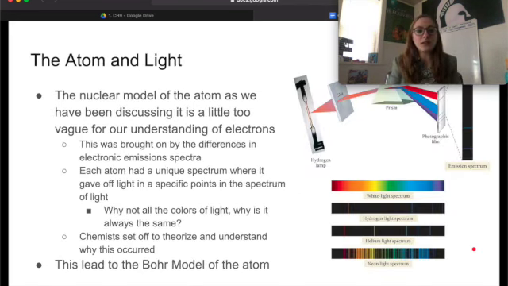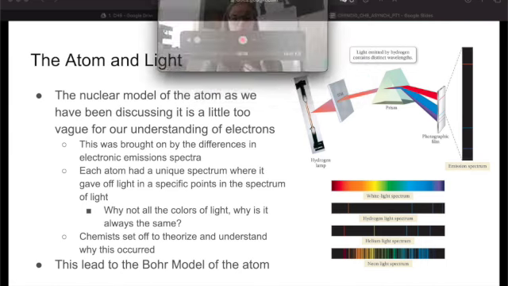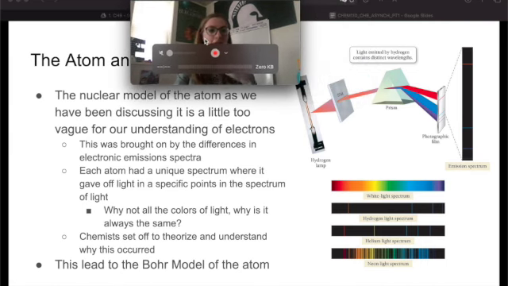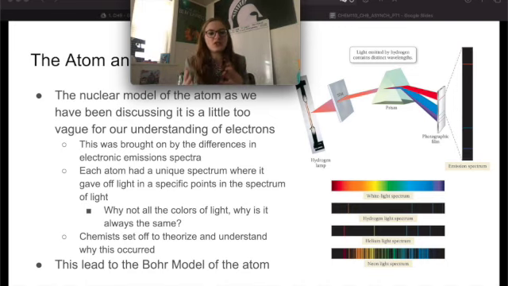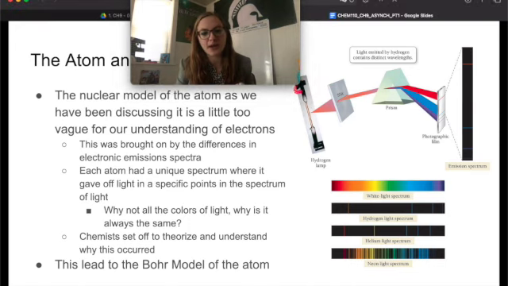So really what got people thinking was how the atom interacted with light. So the nuclear model of the atom, as we had been discussing it, was a little too vague for our understanding of electrons. What scientists couldn't figure out was how we could explain electronic emission spectra. So electronic emission spectra are an experiment run with this setup you kind of see over here.